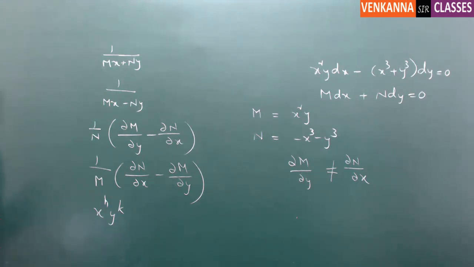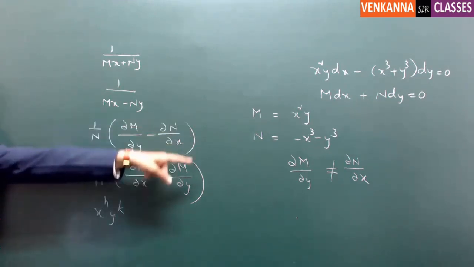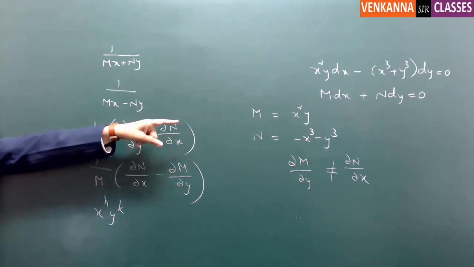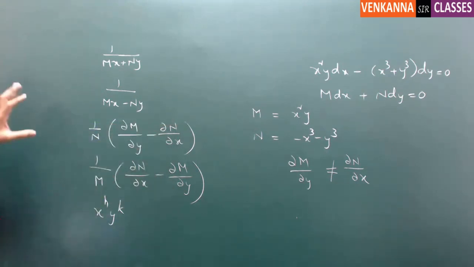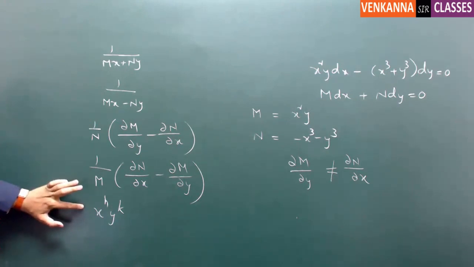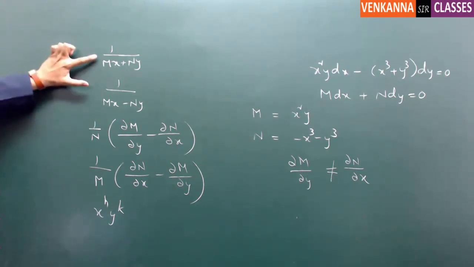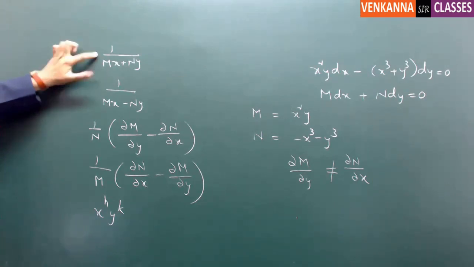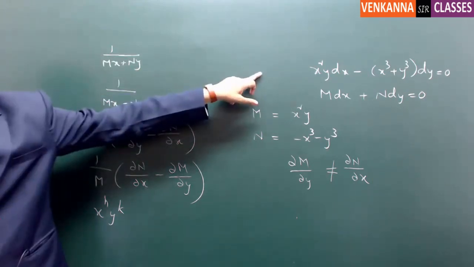Right. Now, whenever you find that the given equation is not exact, first of all you need to check among the 5 formulas which one is suitable. If you want to use the first one, the criterion for the first one is that it must be homogeneous.